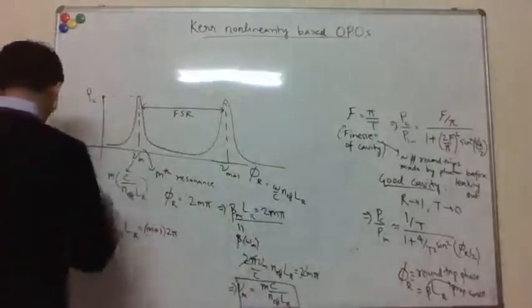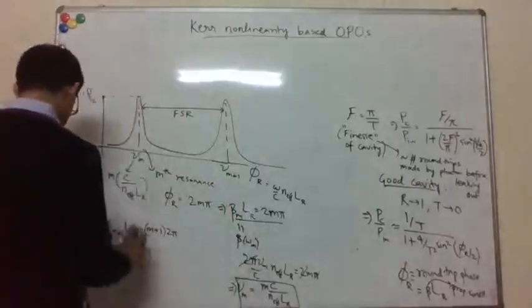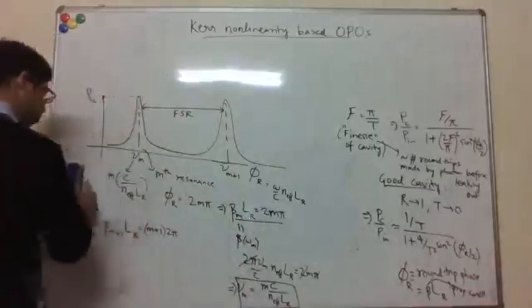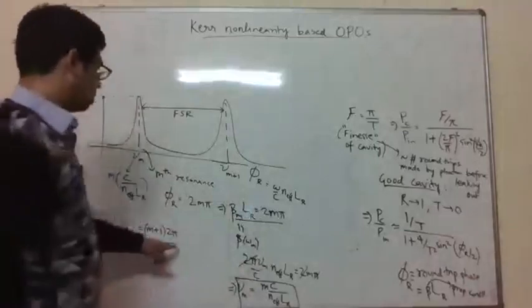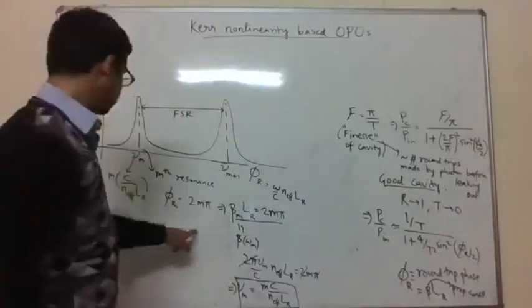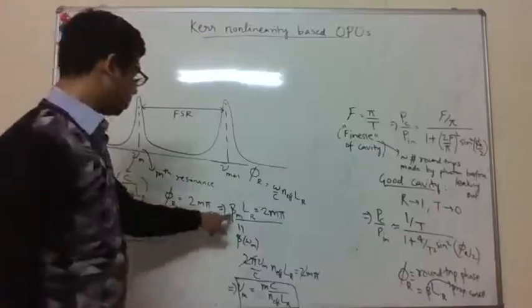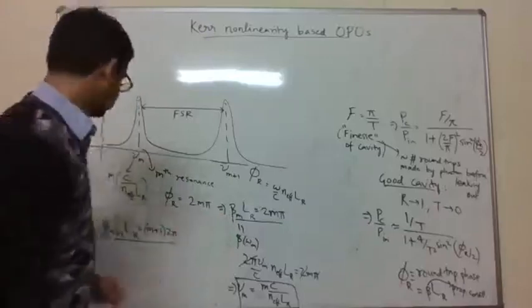Now we can just subtract these two equations for the m and m plus 1th resonance.